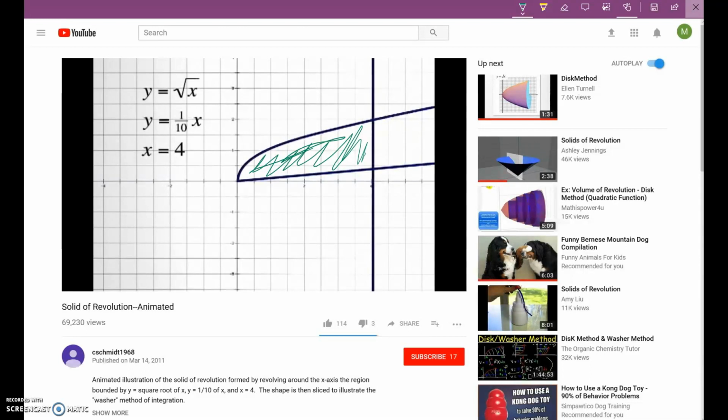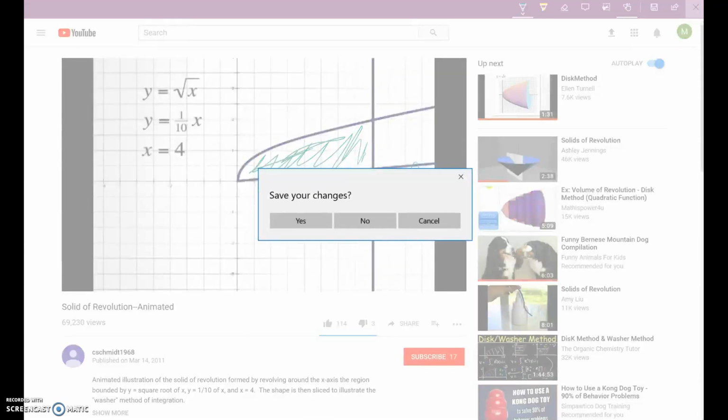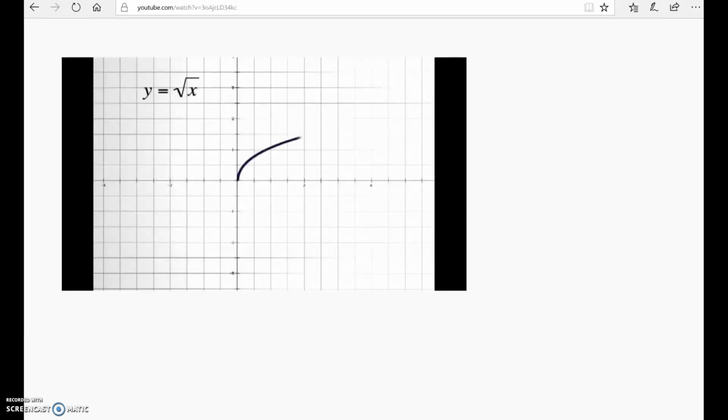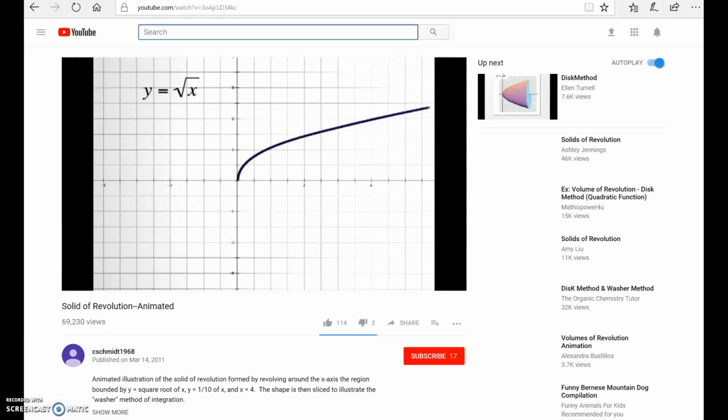We're going to rotate it around the x-axis like this, and it's going to create a solid shape. So let's see if we can get it to go. Oh, I've made it start over.